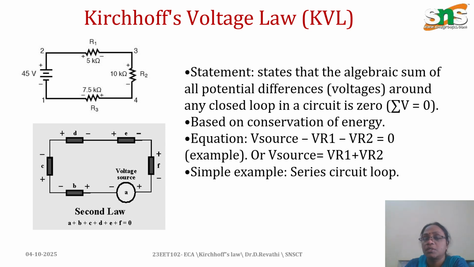That is, the voltage across the resistors equals the source voltage. See the diagram: A plus B plus C plus D plus E plus F is equal to 0, or A is equal to B plus C plus D plus E plus F. We can write it like this also. Then it is called the KVL.